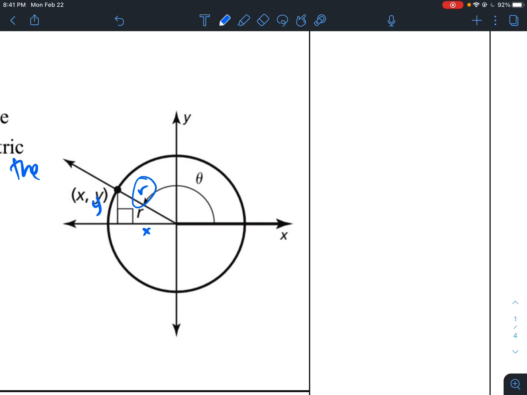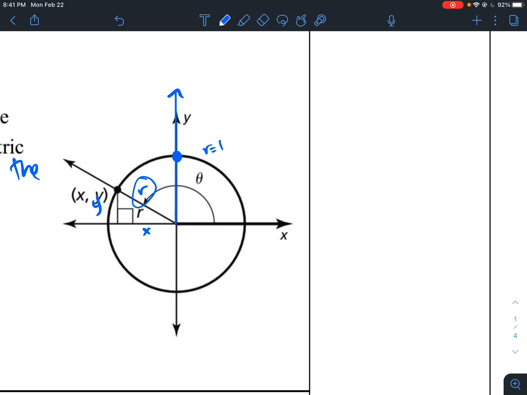Now that can't be said if our point right here, if we just draw the terminal side straight up from right here, this creates a 90-degree angle. We'll talk about this later, but this creates a right angle right here, but doesn't create a right triangle because it's just straight up. And so what that means is that my radius is equal to r here.